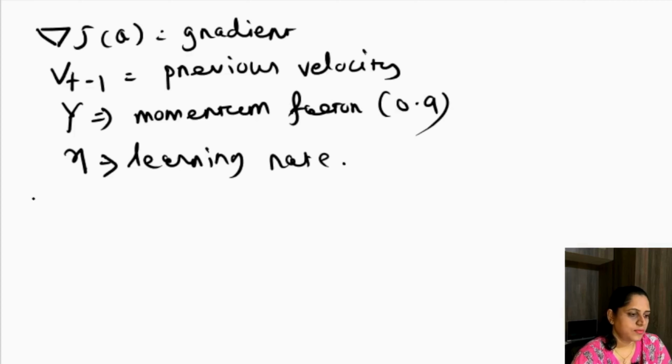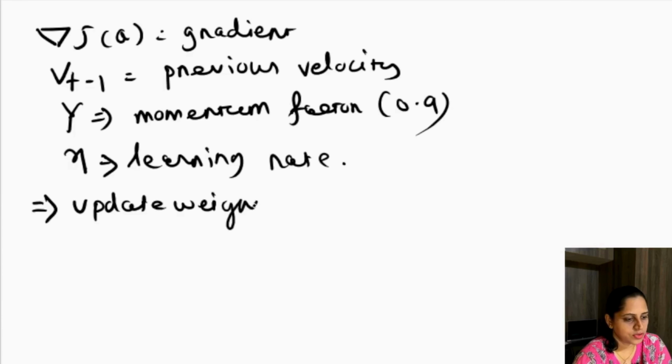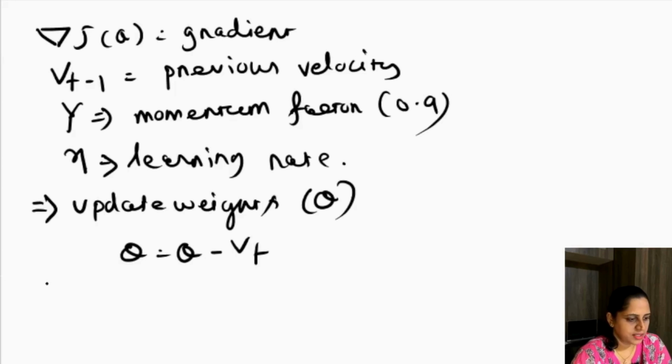Now, once we are getting this Vt, we need to update weights, right? How is it going to be updated? So here, in terms of theta, it's going to be theta equal to theta minus Vt, right? And in terms of weights, it's going to be Wt.